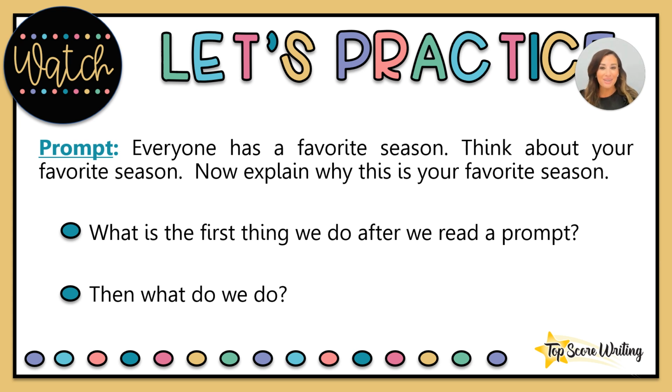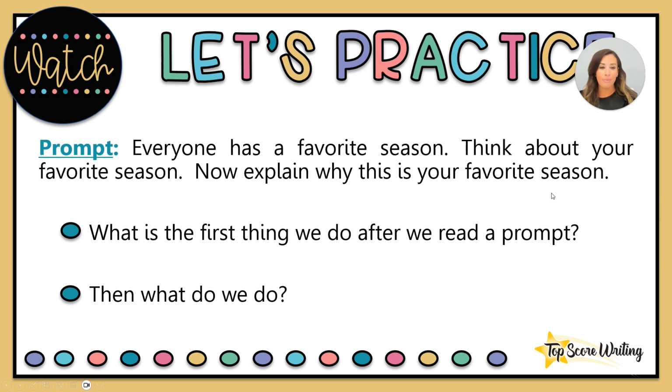Does anyone see the key word in this prompt? It's explain. Once we have the key word, then we can decide what type of essay we're going to be writing about. Since the keyword is explain, we know we're going to be writing an expository/informative essay. The reason we say expository/informative is because it can be called either expository or informative.